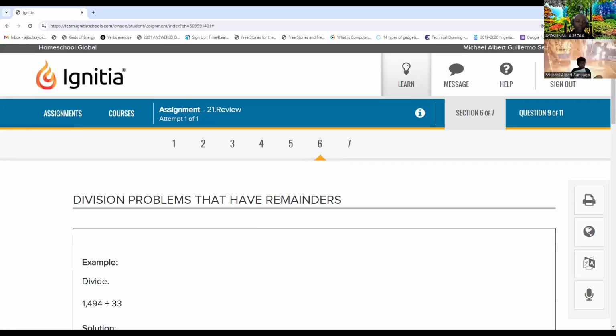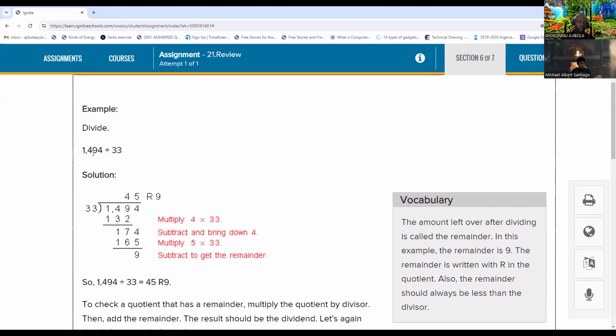Division problems that have remainders. Now, look at this. 1,494 divided by 33. 33 cannot divide 1. It cannot divide 14, but it can divide 149. So 33 in 149 is 4. 4 times 33 is 132. So 149 minus 132 gives us 17.